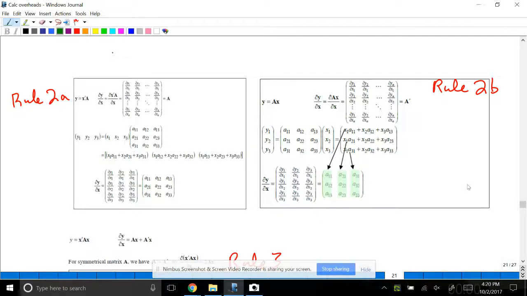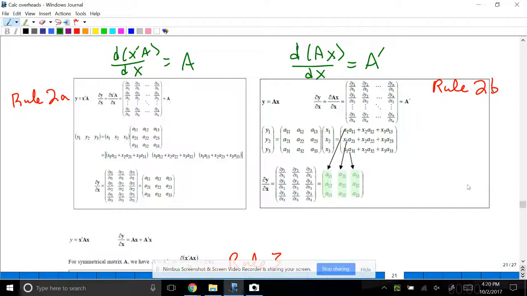If we have the derivative of x prime a with respect to vector x, it's going to be a. If we have the derivative of ax with respect to x, this ends up being, well, not negative, but the transpose of a. You can look through the notes on page 36 in the calculus and matrix review and get it right in your head.